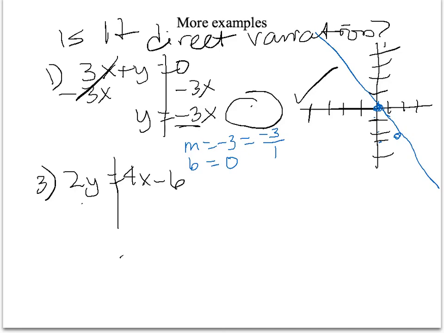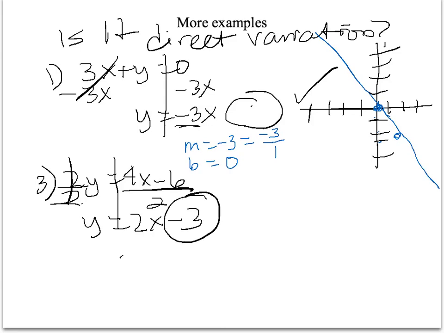Well, y is not by itself, so I have to divide both sides by 2. So I have y equals 4 over 2, which is 2x, minus 6 over 2, which is 3. Looks like my y-intercept is not 0, so it is not direct variation.